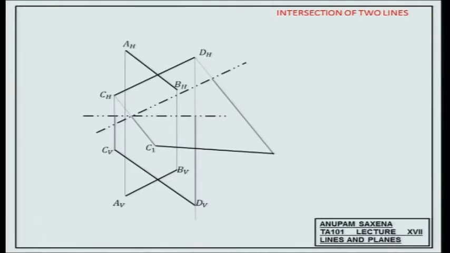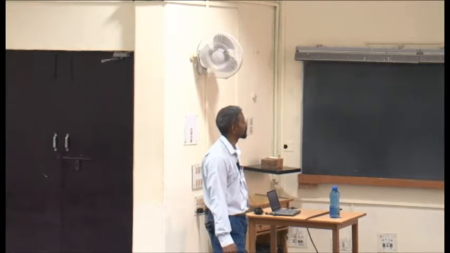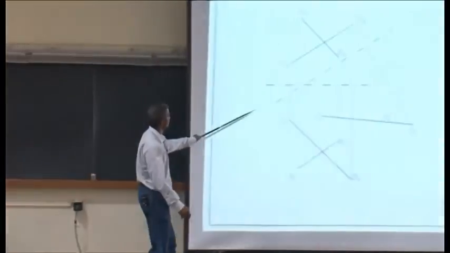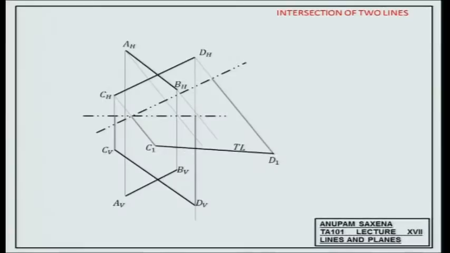This is C1 D1 in true length. Do the same thing for AB. Take the projectors perpendicular to this hinge line. Okay, measure distances from here, transfer there, measure this distance, transfer there. You get the corresponding projection of AB, say A1 B1.